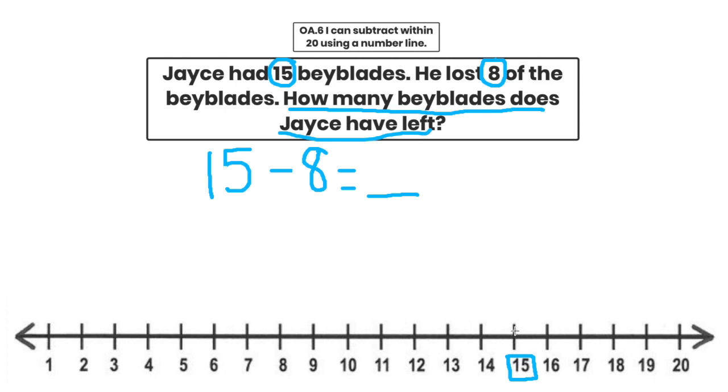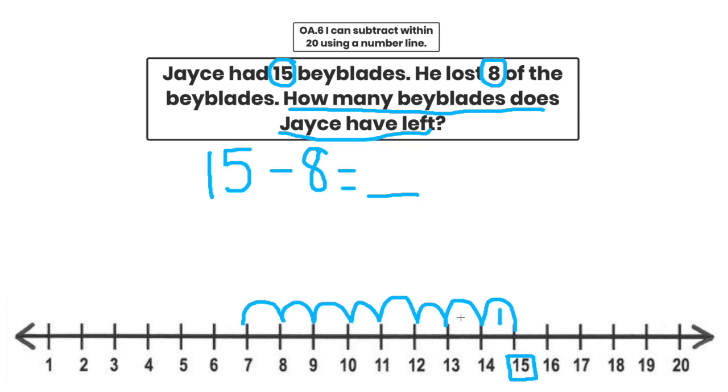So you should have started on 15 and hop back 1 hop, 2 hops, 3 hops, 4 hops, 5 hops, 6 hops, 7 hops, 8 hops. And since you're an awesome mathematician, I know that you double checked your work. And one way you could have done it was written your hops underneath each hop.